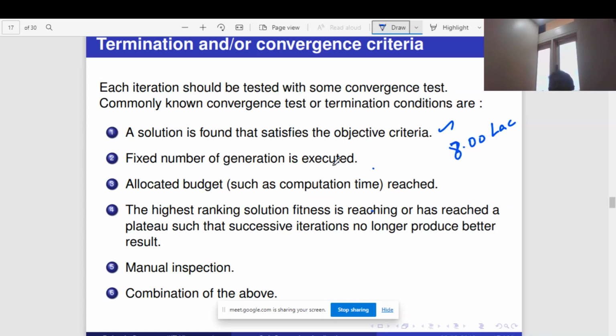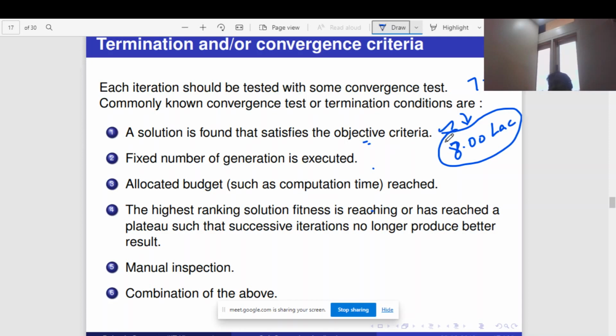That is more than your objective criteria, which was 7. So mostly you will be happy with that and settle with that. It is not that you will identify the highest package. You may compete for that, but that doesn't mean that you will ignore this offer and go for that.